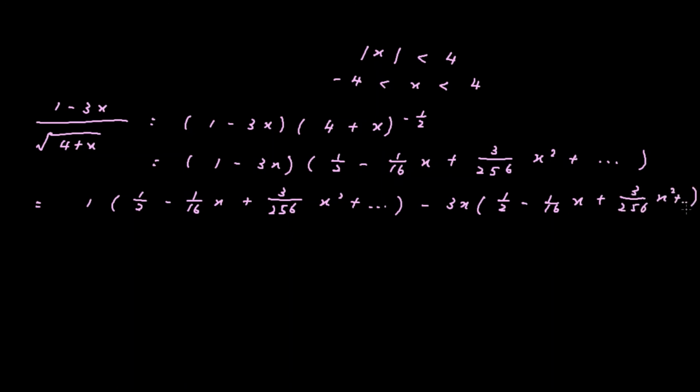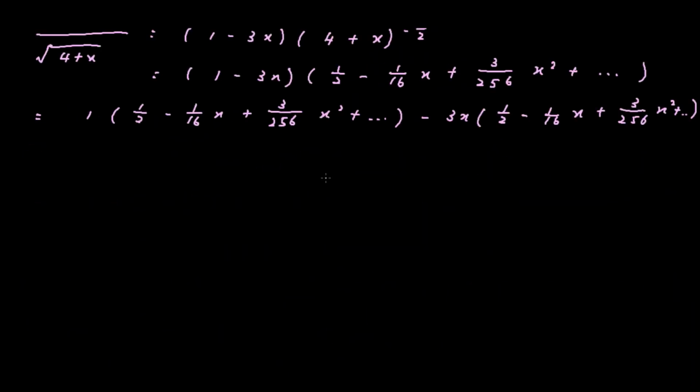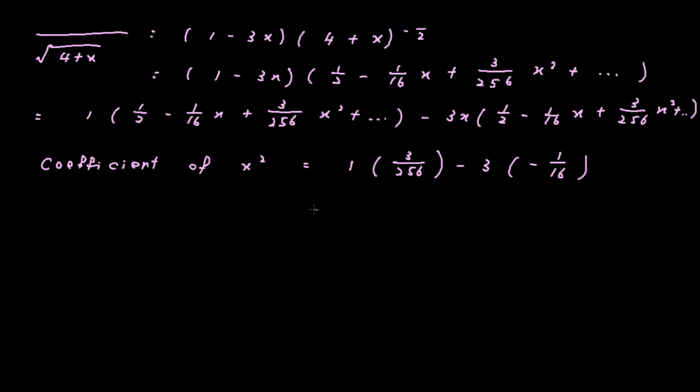Okay, so the coefficient for x squared: for you to get the x squared, you need 1 multiplied by the x squared term here. So 1 multiplied by 3 over 256, minus 3x needs to times x, so that's negative 1 over 16. You'll be able to get 3 over 256 plus 3 over 16, which will give you 51 over 256.